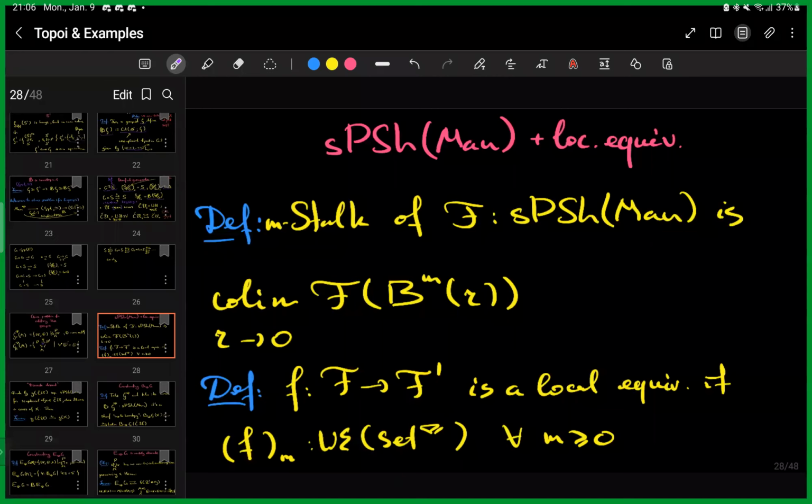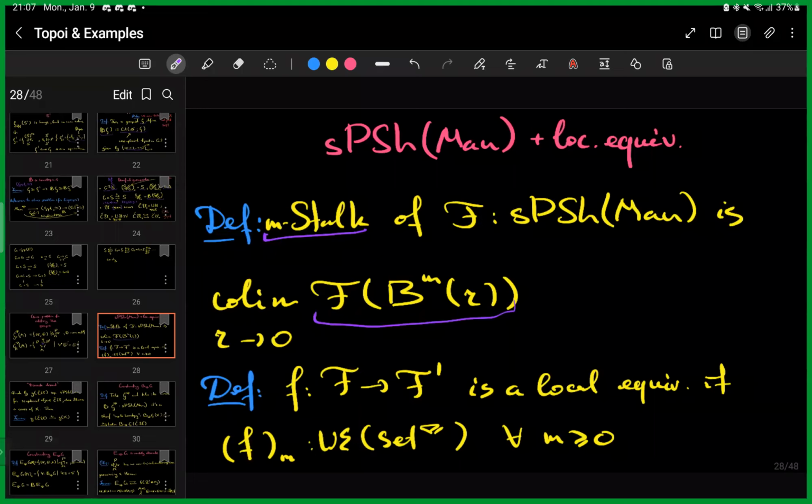So first of all, let's define what is an m-stalk of our presheaf on the category of manifolds, or simply a presheaf in the category of manifolds. So this is specific to the category of manifolds, obviously, because we use this non-negative integer m, and we say that the m-stalk is just the colimit of the value of F on balls of dimension m and radius r, which converges to zero.